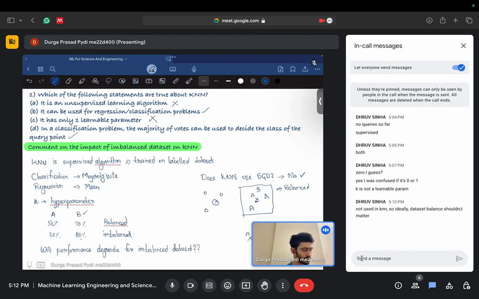So you could end up in a scenario like this where all the nearest neighbors are actually coming from sample B, and the chances of you misclassifying this point A as B is higher. So if you have an imbalanced data set, using a naive KNN might actually give you more misclassification error.